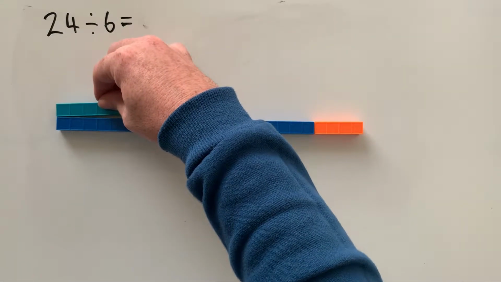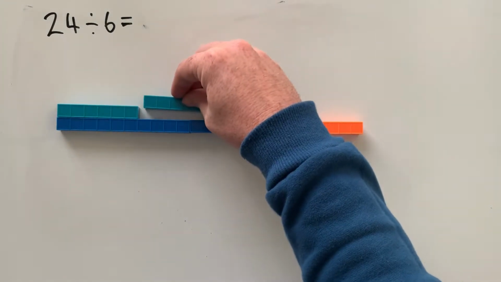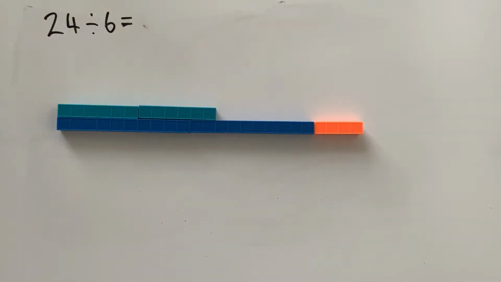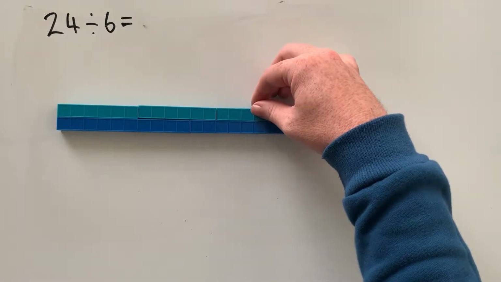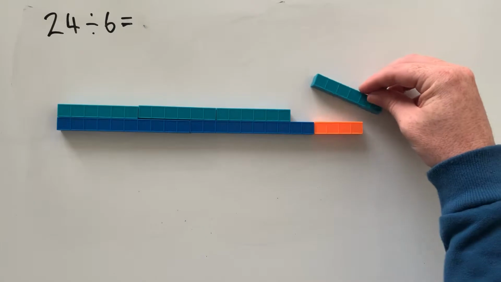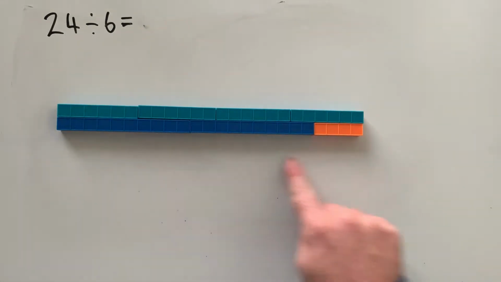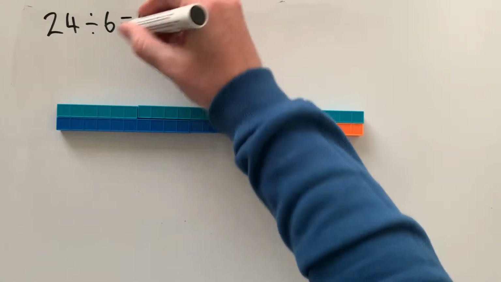Keep going. And 24 divided by 6 equals 4, because 6 blocks fit in.